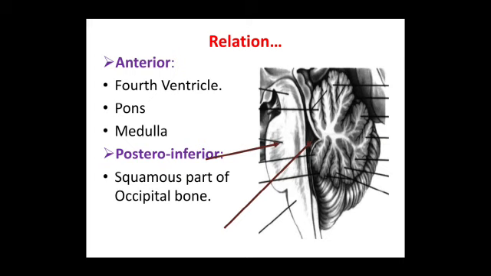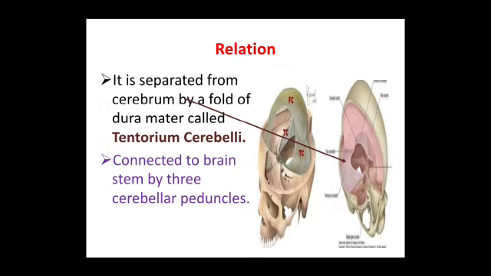Anteriorly it is related to the fourth ventricle, pons and medulla oblongata. Posteriorly is the squamous part of occipital bone. It is separated from the cerebrum by a fold of dura mater called tentorium cerebelli. It is connected to the brain stem by three cerebellar peduncles.